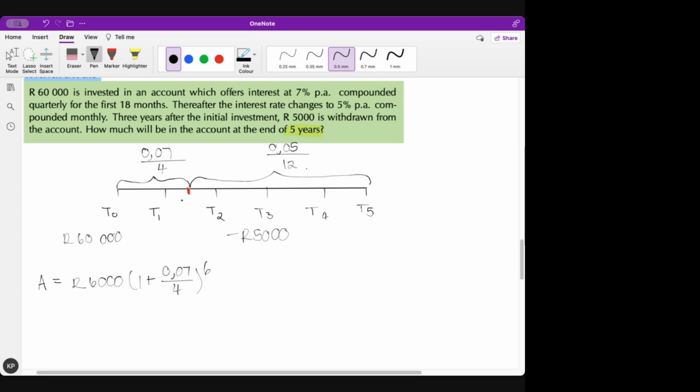All right. So that's the first year and a half. And then thereafter we now have 0.05 monthly, and we need to figure out how many months are in 3.5 years.